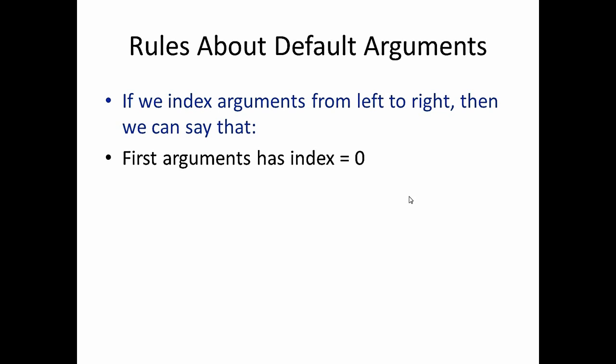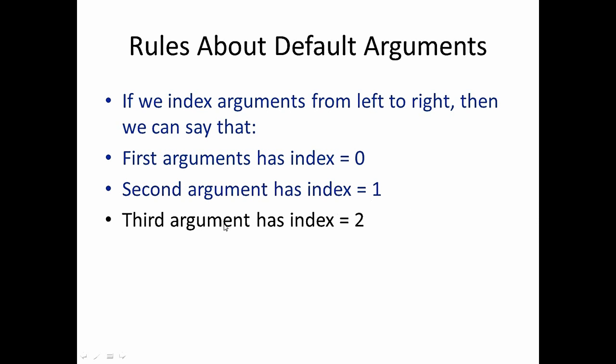The indexing starts with 0, numbering starts with 1. Okay, so indexing and numbering is not the same thing. Index always starts with 0, number always starts with 1. So assume that the first argument has index of 0, the second argument has index of 1, the third argument has index of 2, and so on.